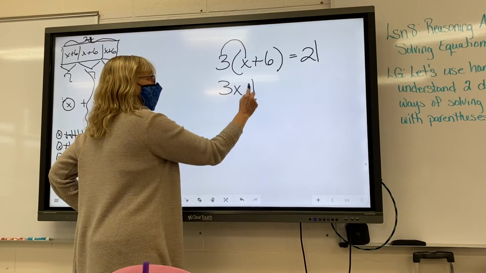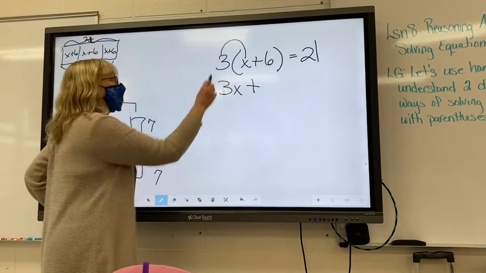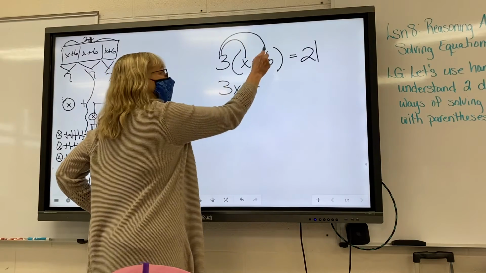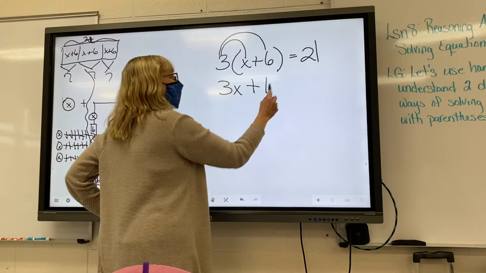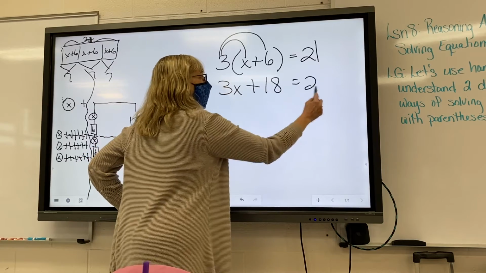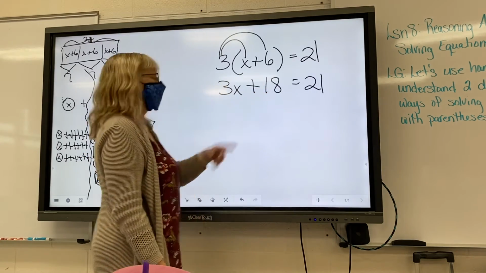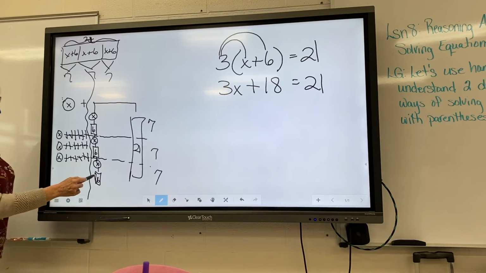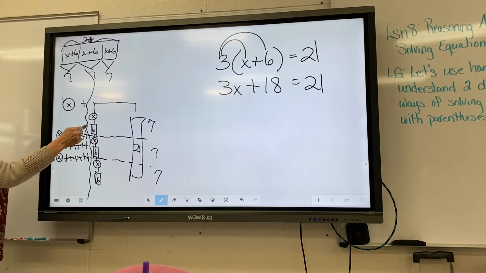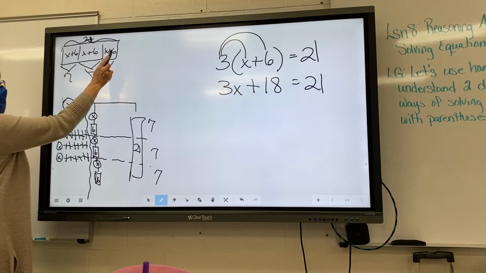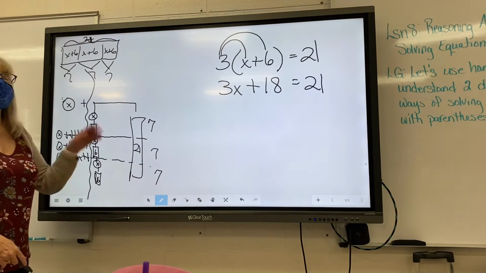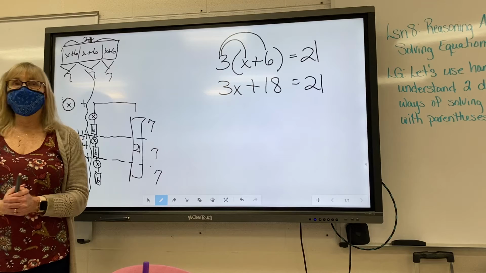See a plus sign, put a plus sign. Then the 3 must be distributed to the 6 as well. 3 times 6 is 18 equals 21. Well, where did that 18 come from? If you look right here, we got 6 plus 6 plus 6 is 18. If you look up here, we have 6 plus 6 plus 6 is 18. That's where the 18 comes from.